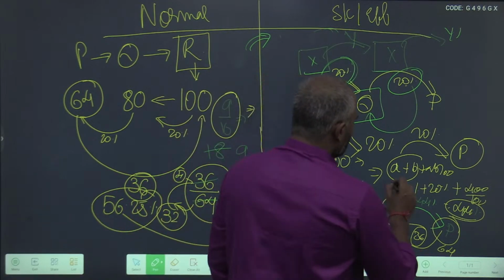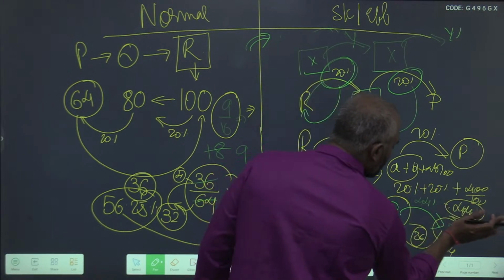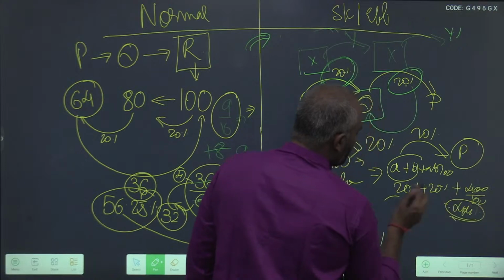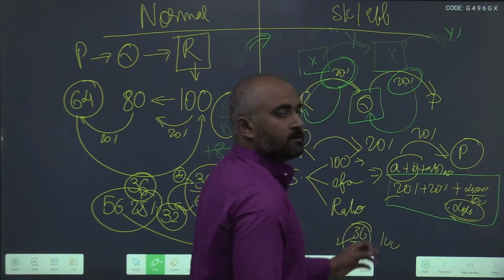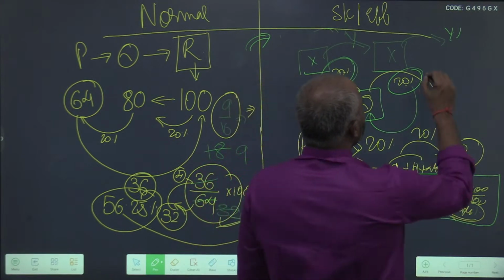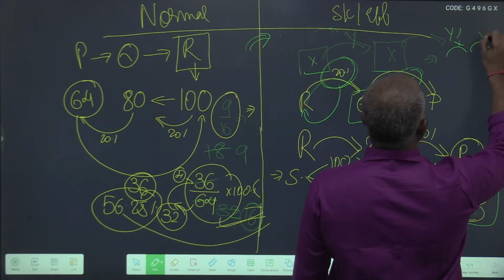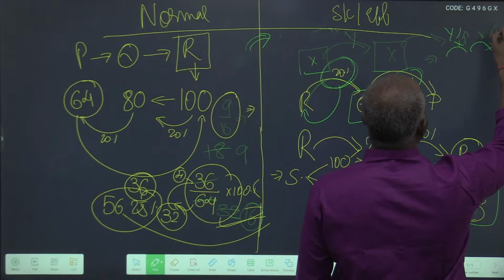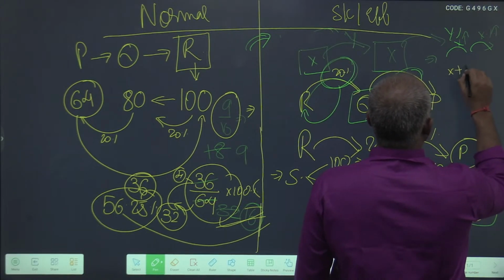So we can make a little observation from here. Whenever you encounter this, the equivalent percentage when X percentage of increase is applied twice is X plus X square by 100.